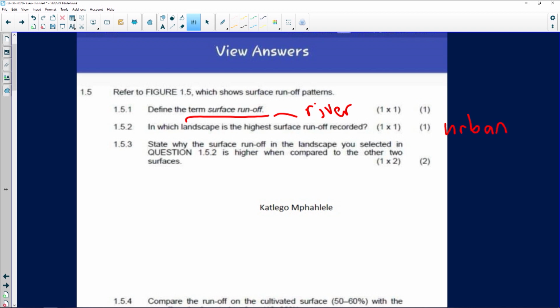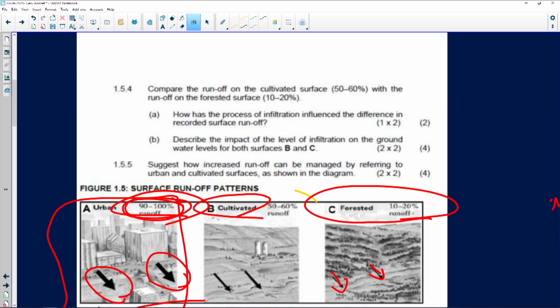Okay. Now, question 1.5.3. State why the surface runoff in the landscape you selected in question 1.5.2 is higher compared to the other two surfaces. Now, we looked at those factors that influence the runoff. Let's just mention it again.